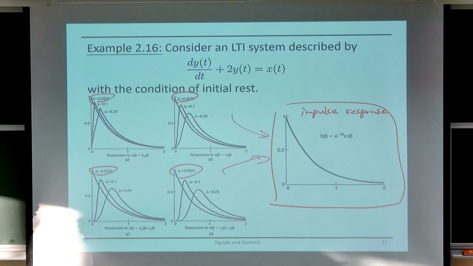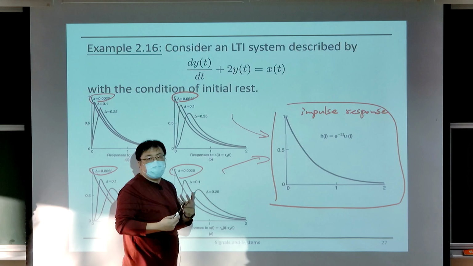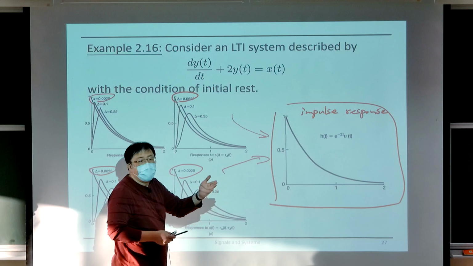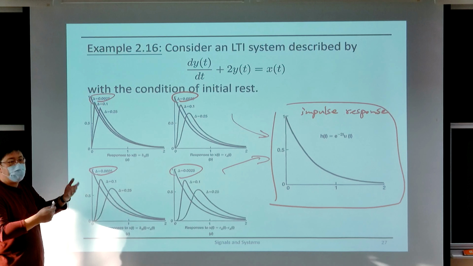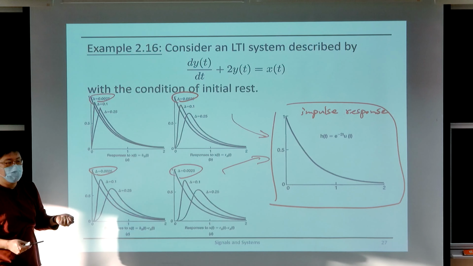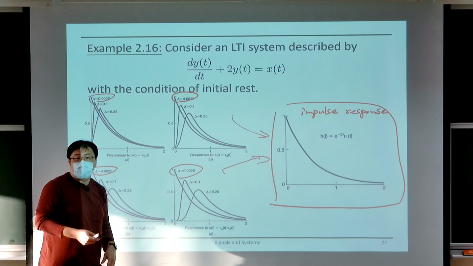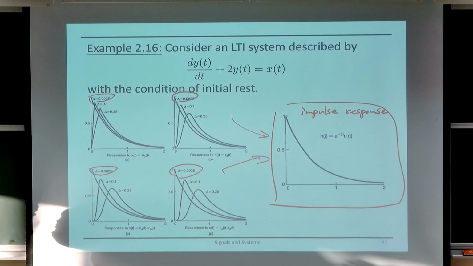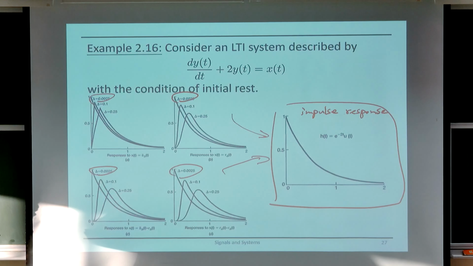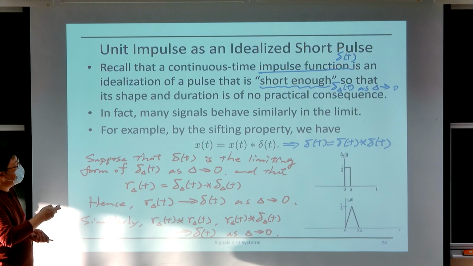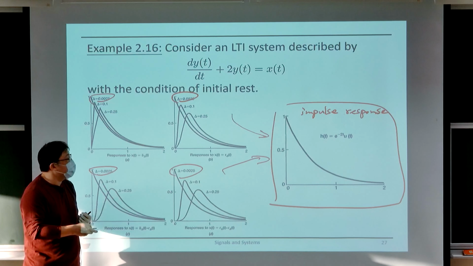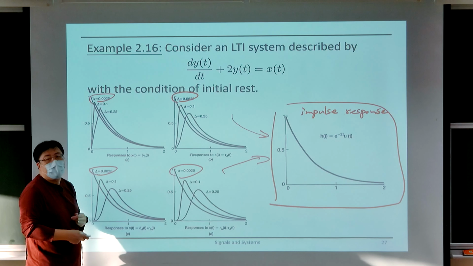Therefore, it's sufficient for us to focus on studying the response to this unit impulse, instead of having to specify each time the exact shape of the pulse that we're looking at. So this gives us some convenience or tractability in our studies. The main purpose of defining the unit impulse is to help us study or characterize the system in terms of the response to this impulse.